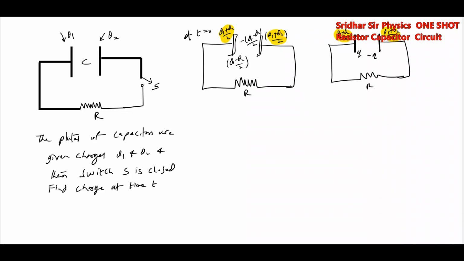Only the charge inside the capacitor is going to decrease. So this will become Q is equal to initial charge, how much? Q1 minus Q2 over 2, e to power of minus t by RC. This is a discharging. So when the plates of capacitor are given different charges, there is a basic method.